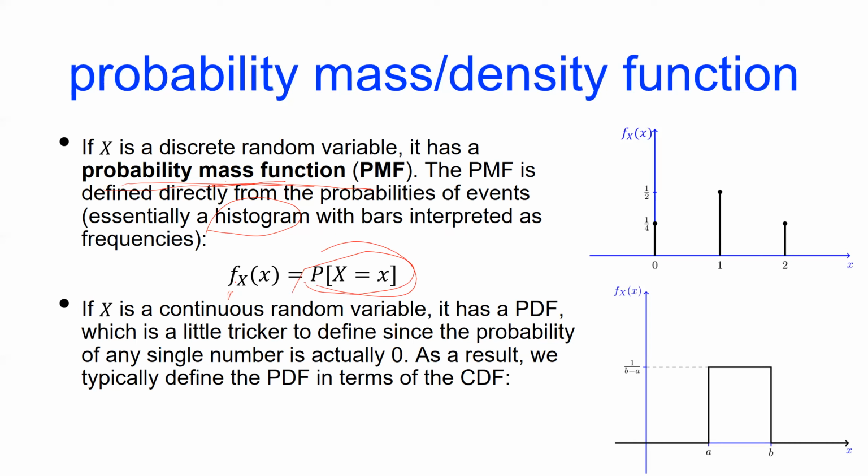If you are doing the PMF, the capital X is your random variable, and the lowercase x is the actual value. So I want to say, what is the function when my capital X takes a value of small x? That is equal to the probability of capital X equal to x. That means when my random variable picks a particular value.